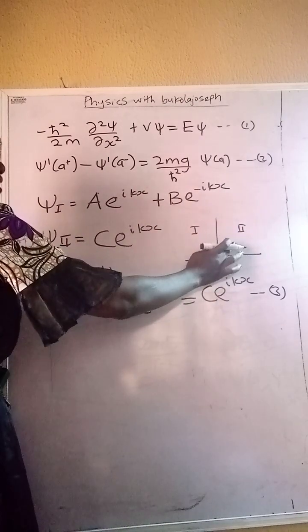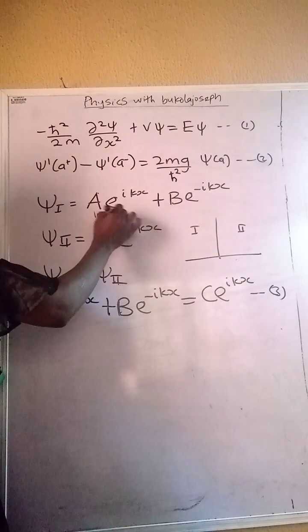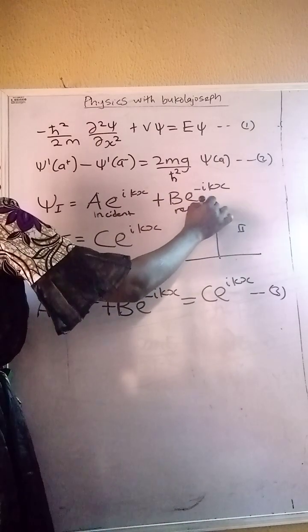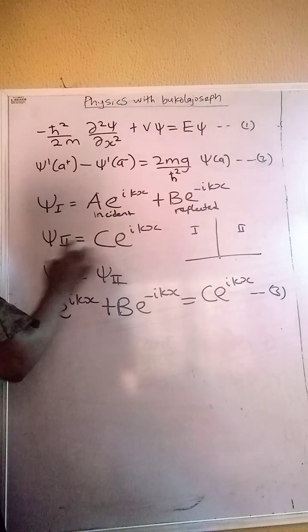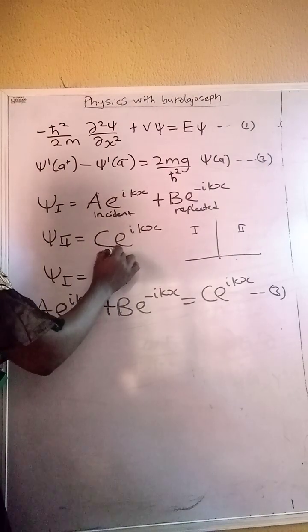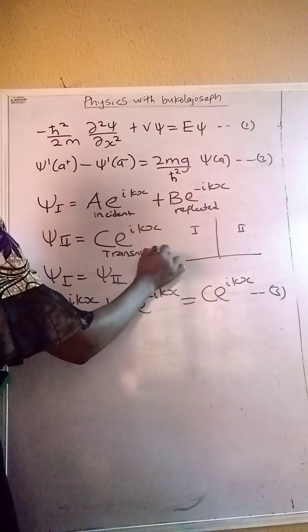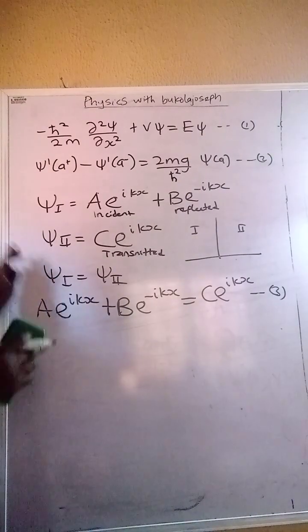So in region 1 we have the incident and the reflected wave function, and in region 2 it is only the transmitted that is present. Take note of this information. Now I can wipe this.